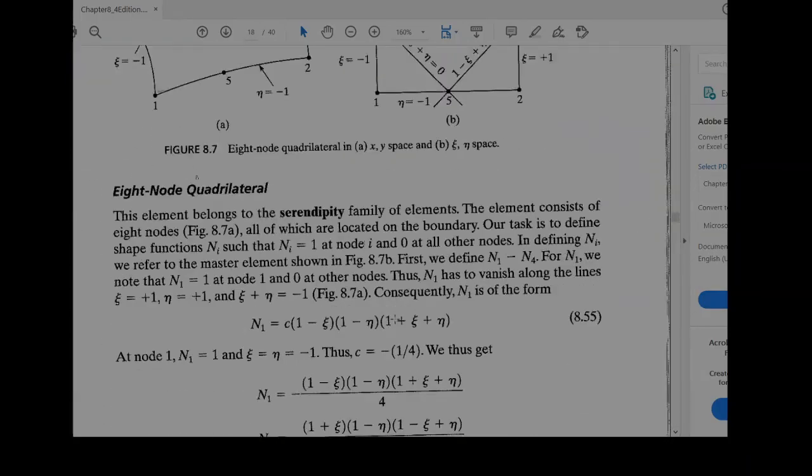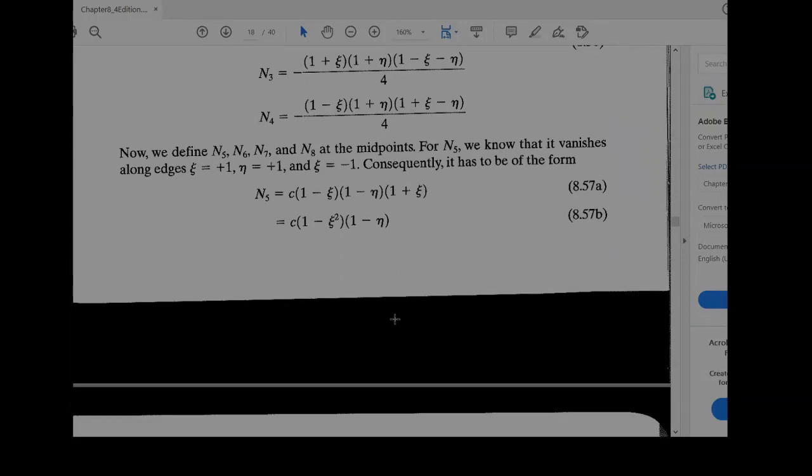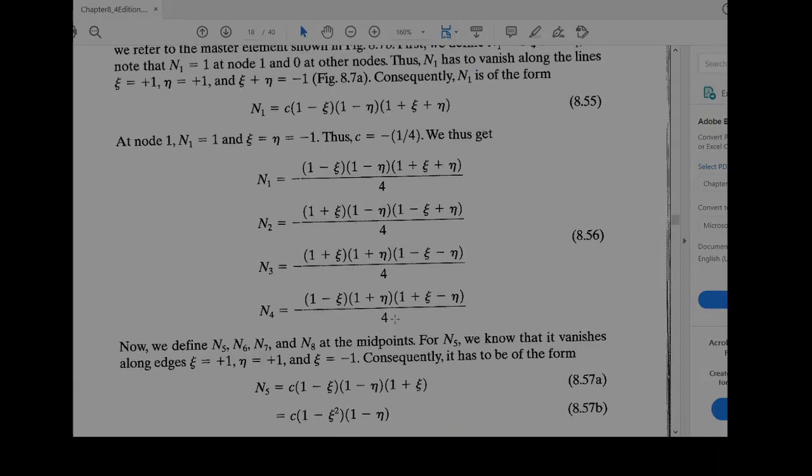I just want to make sure that we understand what to expect, what to see, and how to reason about things. Now I've equipped you with reasoning skills when it comes to these elements. So now you can open up any kind of element and start reasoning with it. There might be some funky elements, like the assumed stress element, where we don't only have an assumed displacement field, but also another field that we assume independently for the stress, and we relate that back to the displacement in a weak form.